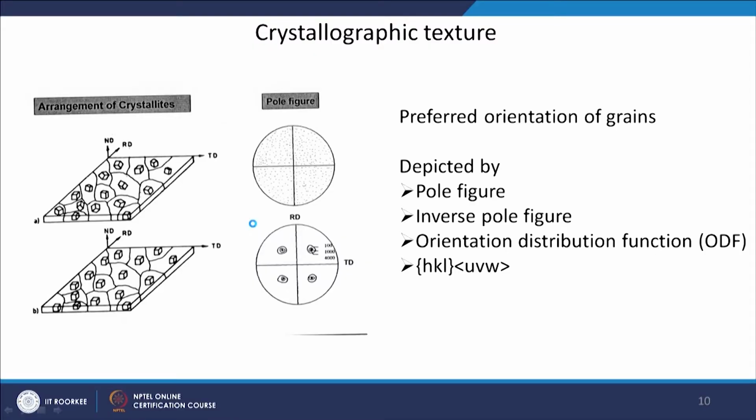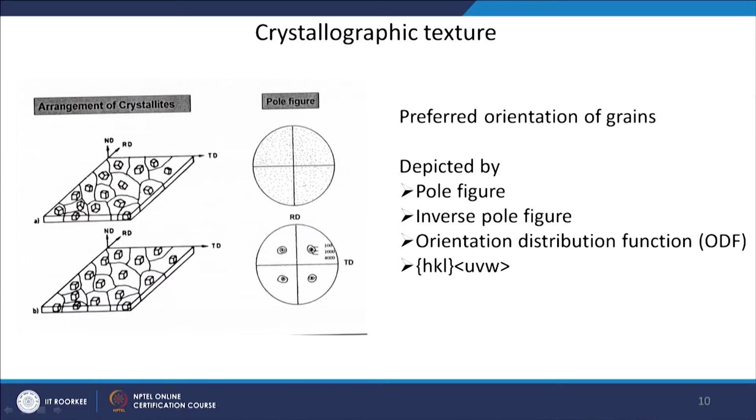Another very important microstructural change which will take place during deformation is what we call crystallographic texture. Just to give you a quick summary here, we will discuss texture in more detail in the coming lectures also. As I told you, each grain's identity is the orientation of its unit cell.